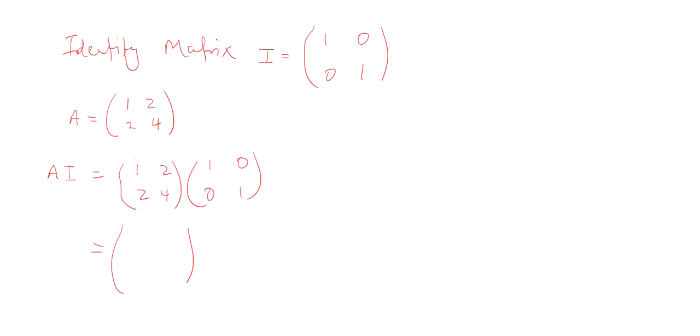So it's my first row multiplied by my first column, so it'll be 1 multiplied by 1 plus 2 by 0, right? And that'll give me 1 plus 0, which is 1. So our first term is 1. And I'm going to take my first row and multiply by our second column.